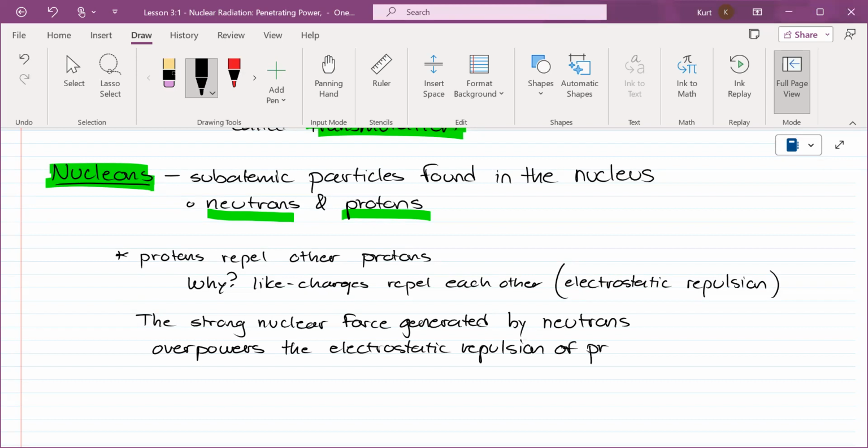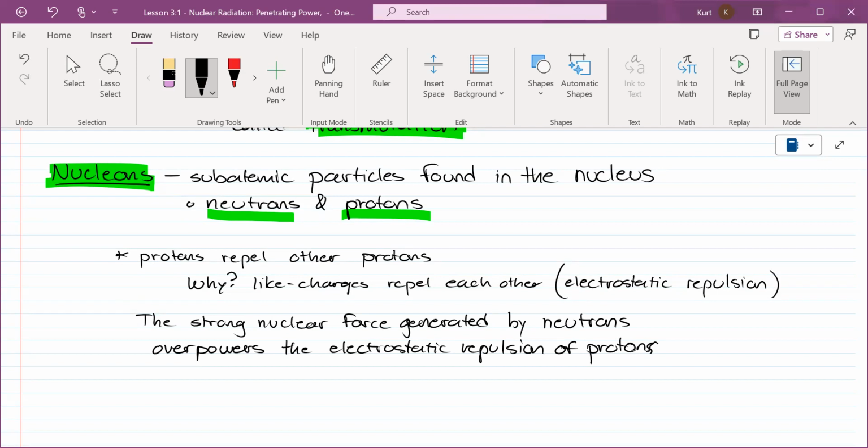Guys, these are a lot of big, complicated chemistry words: electrostatic repulsion, nuclear force. Just understand this. An electrostatic repulsion force is strong, but a nuclear force is stronger. And it forces those protons to be together even if they don't want to be. If you take out the neutrons, the protons will just scatter.